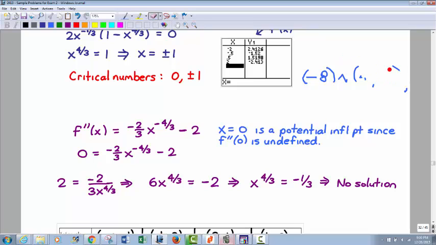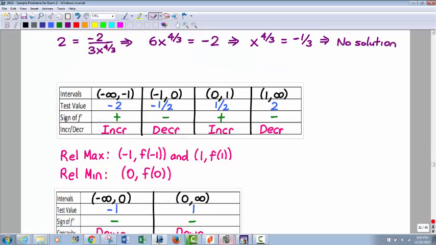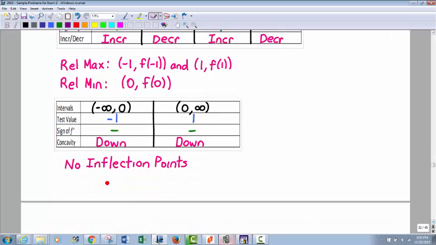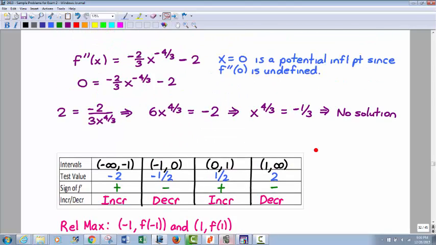So the only thing that goes on our second derivative sign chart is 0. We put 0 into the second derivative, and you pick test points -1 and 1. They both produce negative results in the second derivative.